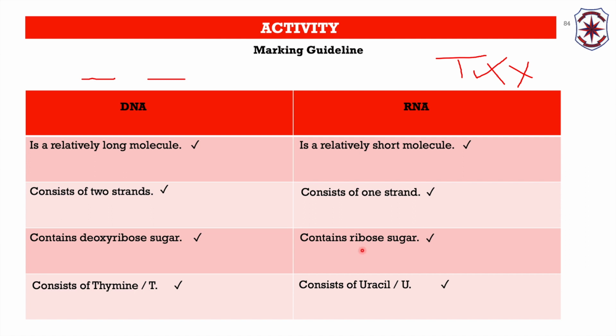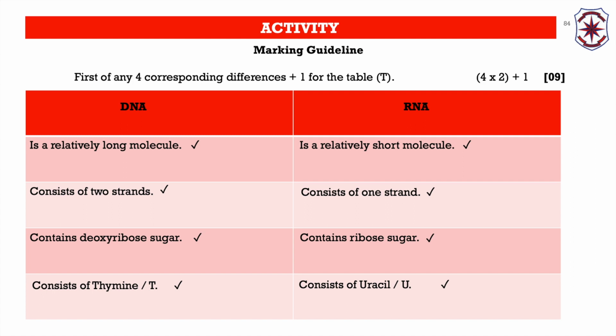So, moving on. The marking guideline for this table: you have any 4 corresponding differences. As you can see, we have 4 corresponding differences here, and it is times 2.